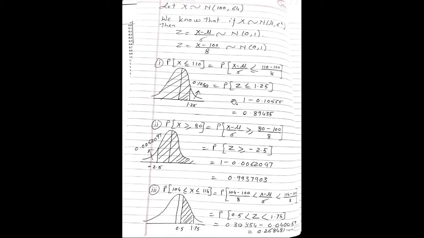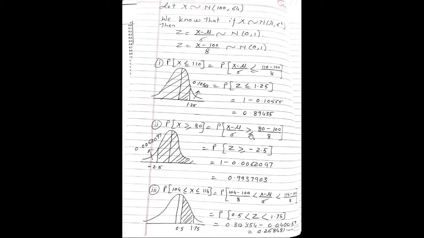So the final answer can be written as 1 minus 0.10565, which is equal to 0.89435.